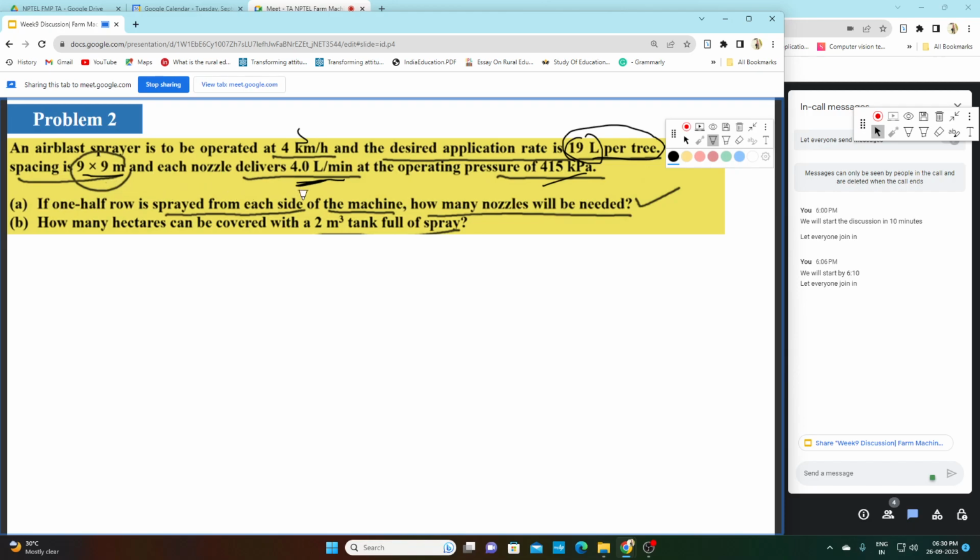each side, so it is a boom kind of sprayer. Your sprayer will be like this. It has nozzles on both sides, on this side and on this side also. Here will be your tree line, TR, and here will be another tree line, TR. So one tree line and another tree line, and in between is your sprayer.